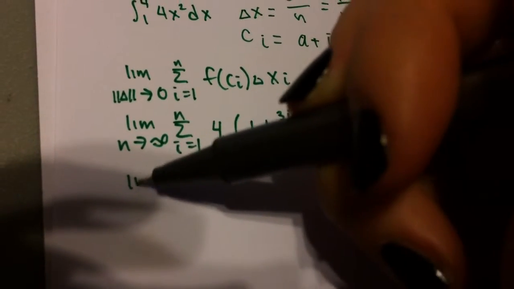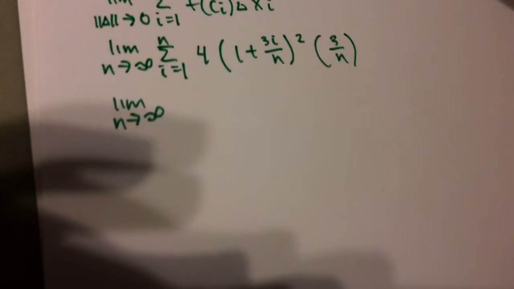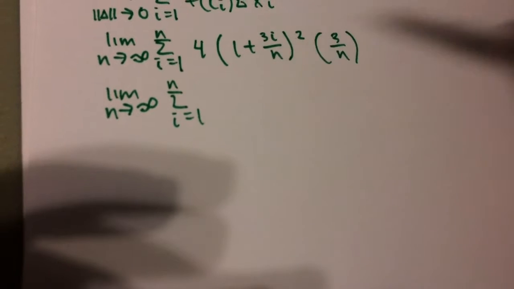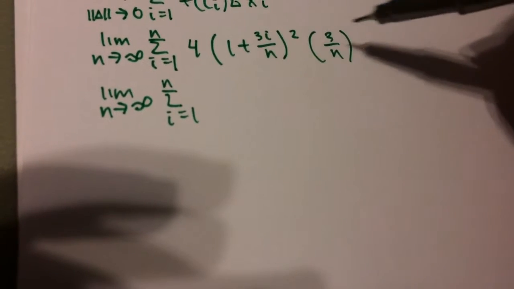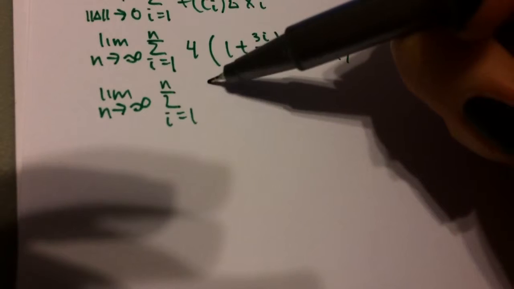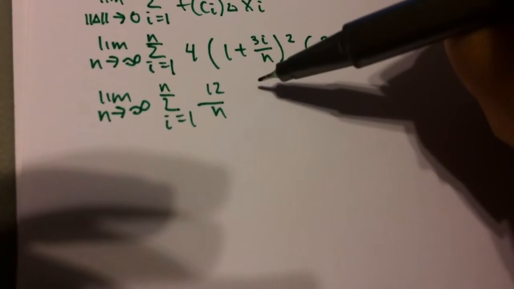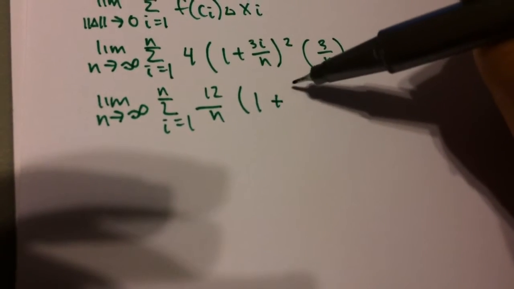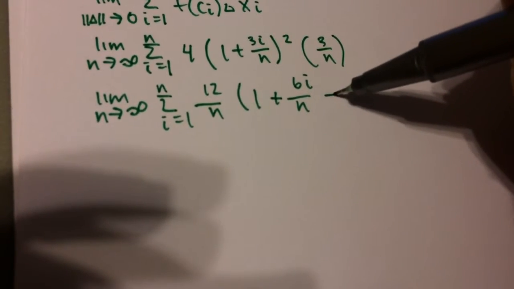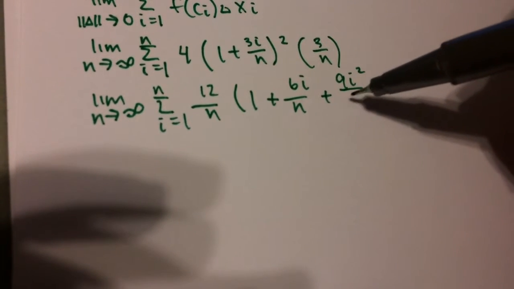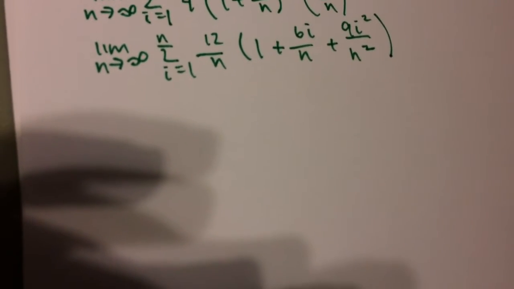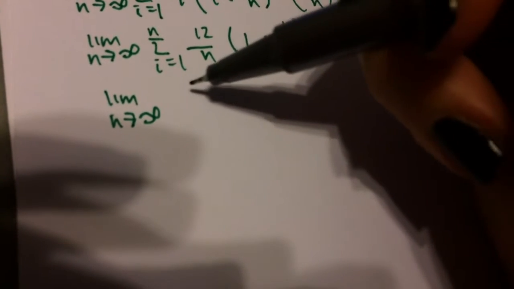And then from there, never forget to write your limit. What I did is I just multiplied these two together. And then I FOILed this right here to be 1 plus 6i over n plus 9i squared over n squared. Great. And then what you can do from here is you can separate all the terms, like here, I'll show you what I mean.